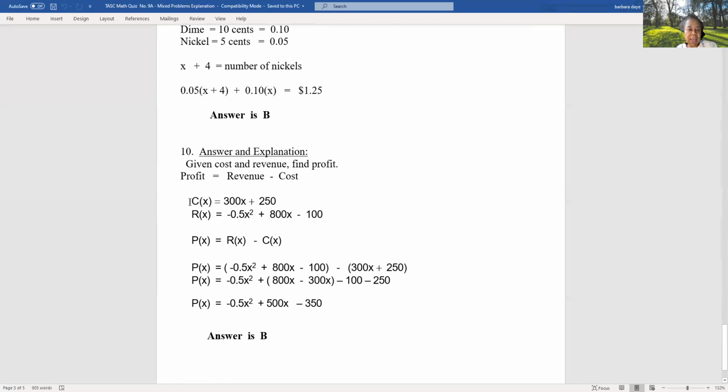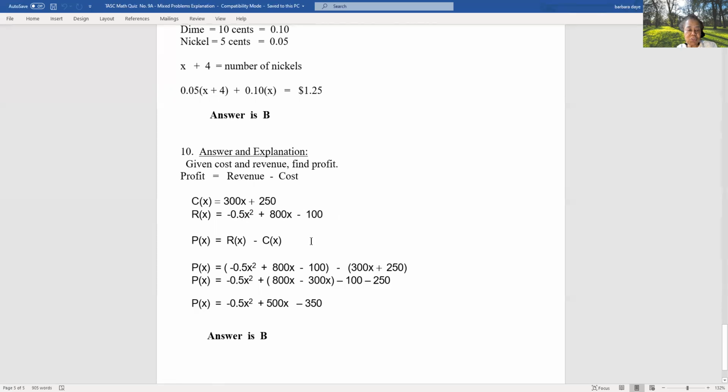So cost of X is given as 300X plus 250. R of X, which is revenue, is minus 0.5X squared plus 800X minus 100. The profit, P of X, is revenue, R of X, minus cost, C of X.